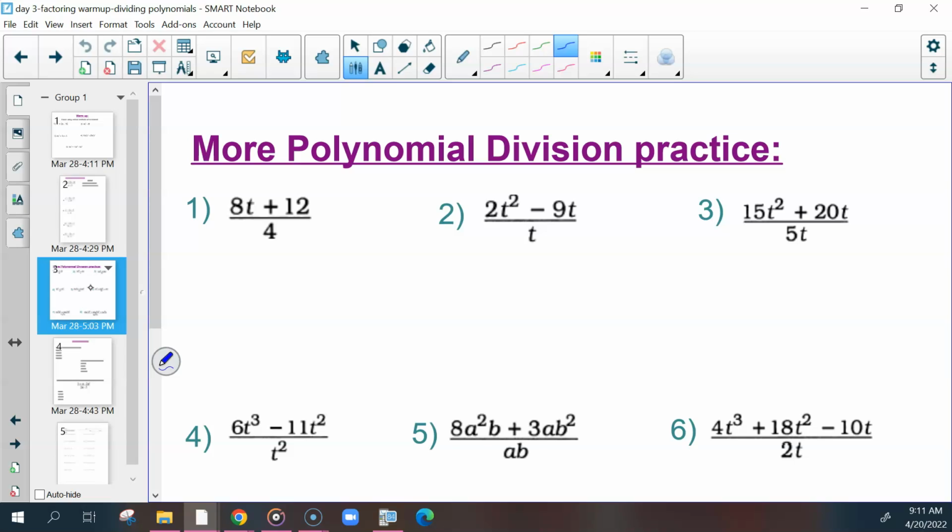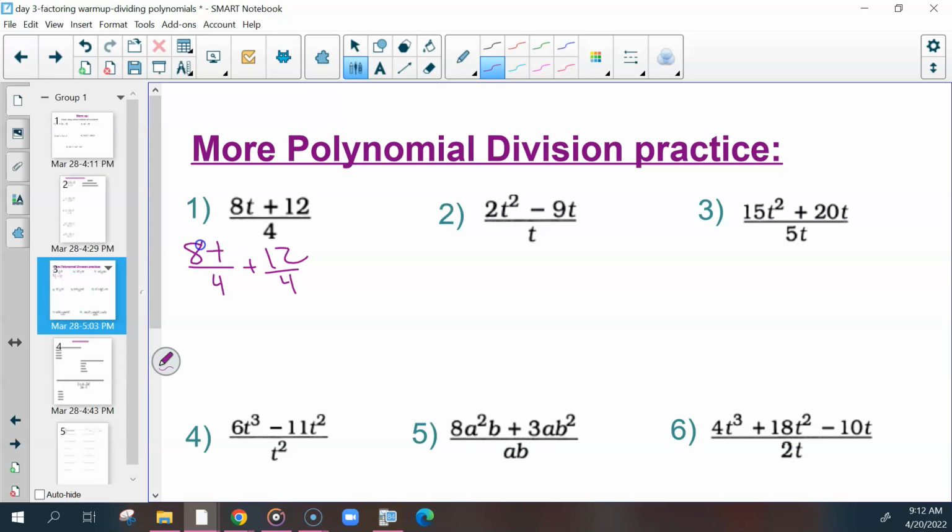Now we're going to be dividing polynomials. Some of that will be using factoring, some of it won't. With these, there are two different ways to go about it. I'm going to show you both. One is to take each term and separate this fraction. What I mean by that is, instead of everything being over 4, rewrite it as 8t over 4 plus 12 over 4.